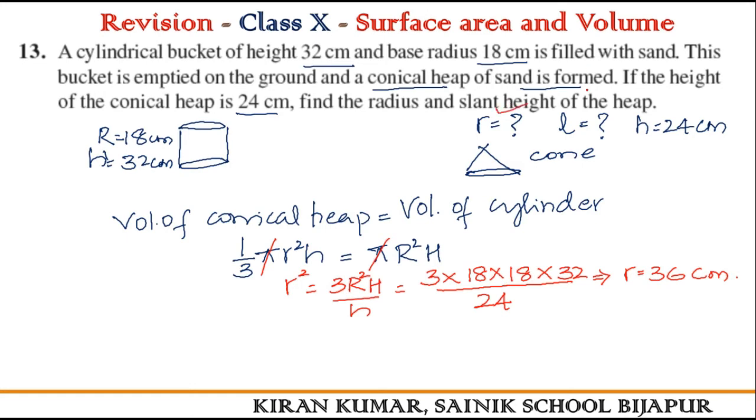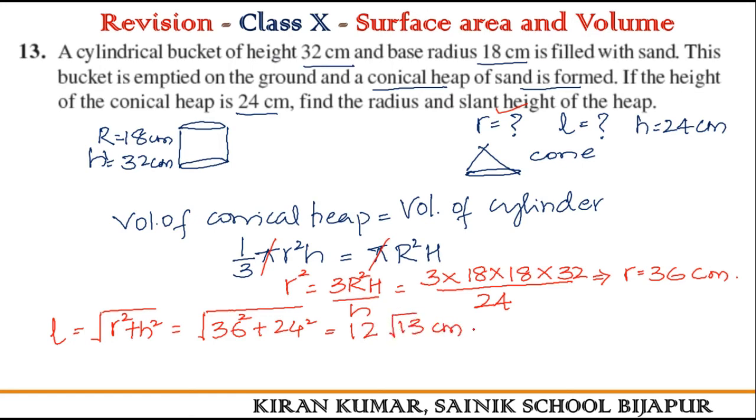Now radius is found. Now we need slant height. We know that slant height of a cone is given by root of r square plus h square. So it is root of r square is 36 square plus h square is 24 square. Further, you can try simplifying this. I'll write the direct answer, 12 root 13 centimeter.